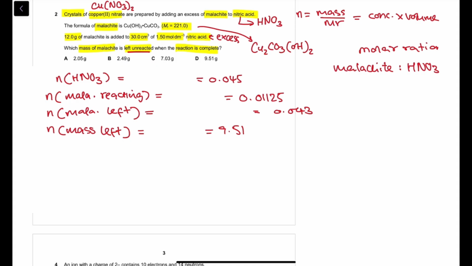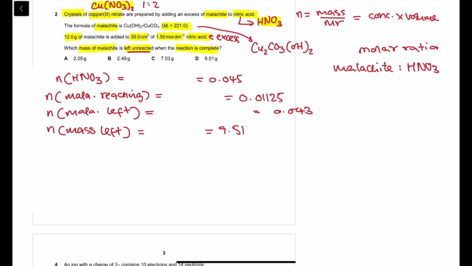Now, if we take a look at the formula, nitric acid has the formula HNO3 and copper nitrate has the formula of 1 copper and 2 nitrate polyatomic ions. So from this, each copper requires 2 nitrate ions.